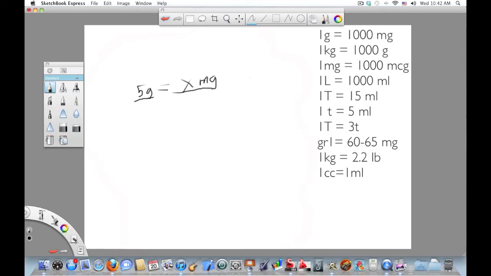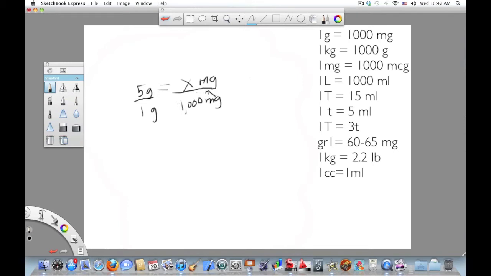This is what I mean by the matching game. You match gram with gram, and you match milligrams with milligrams.